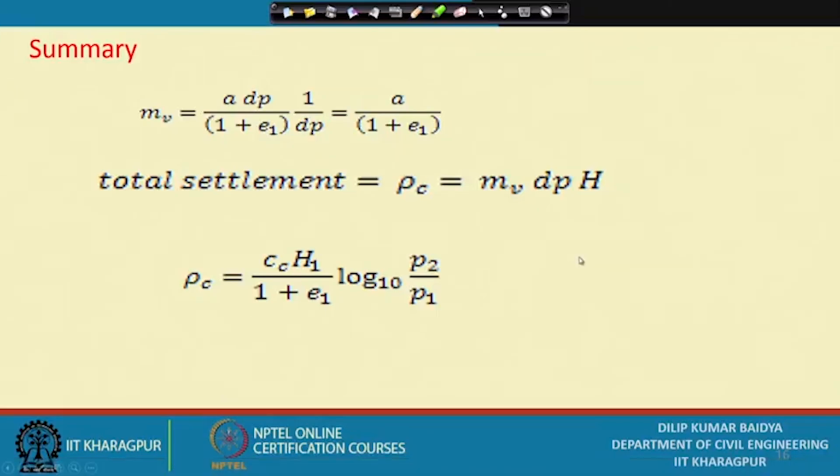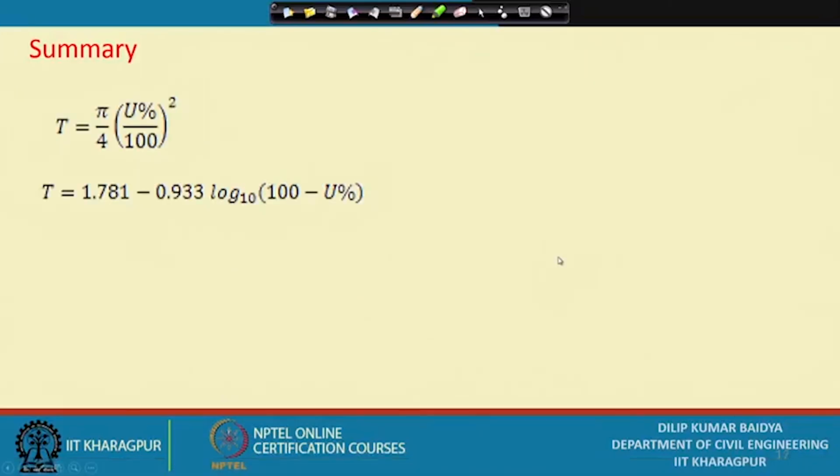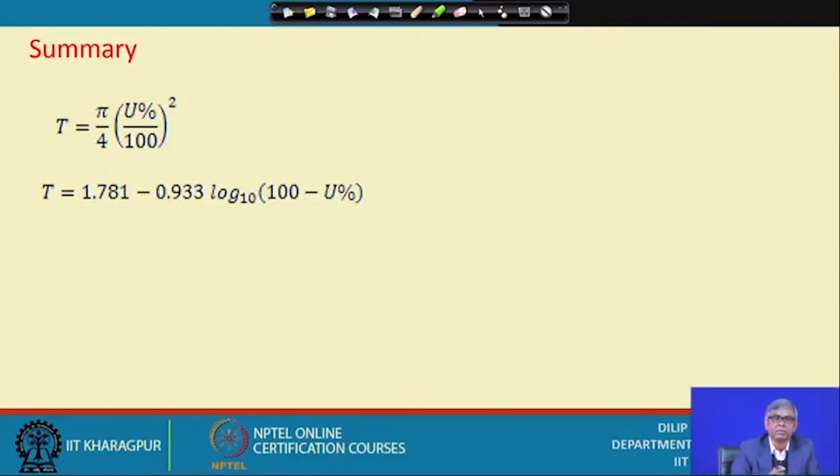Next, if I know the total settlement, the question sometimes arises of how much time it will take to complete that total consolidation. For that we use the theory we have discussed.